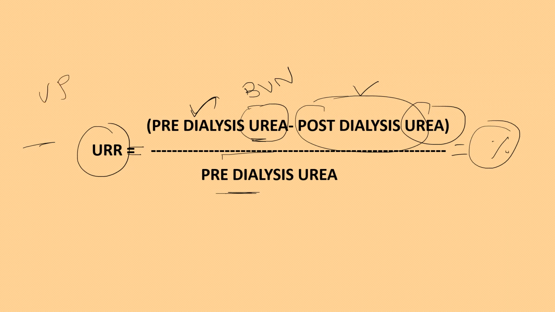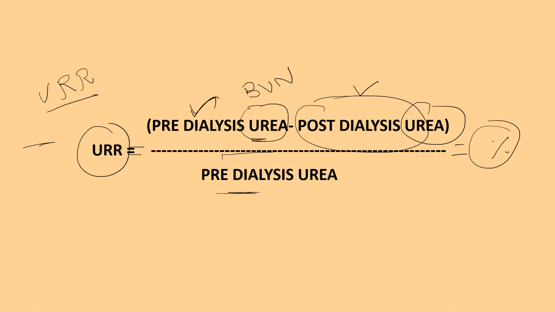So this is the formula to calculate URR, that is urea reduction ratio. Before the dialysis, what is the urea in milligram per deciliter, minus after the dialysis what is the urea, and divide it by the pre-dialysis value, that same value that was there before the dialysis.